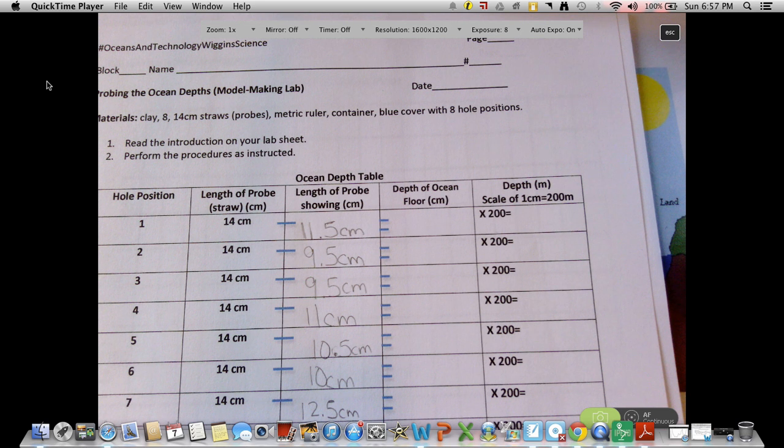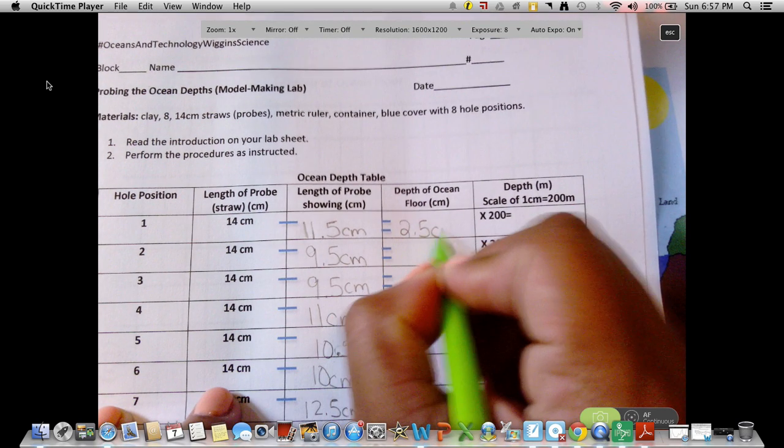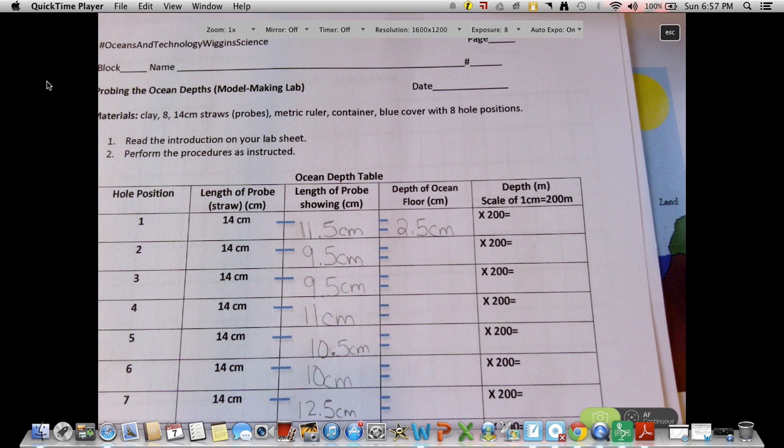So 14 centimeters minus 11.5 centimeters, and we get 2.5 centimeters.